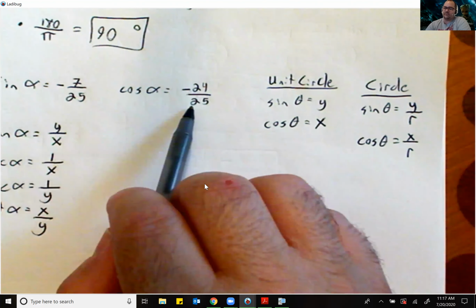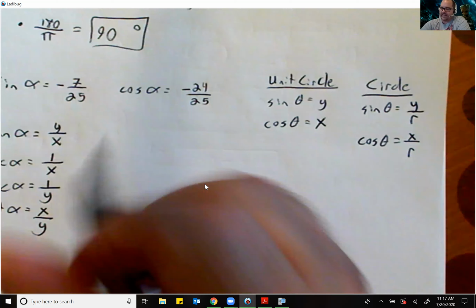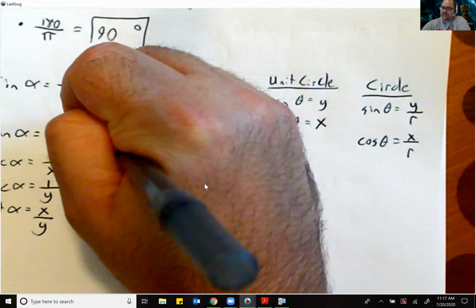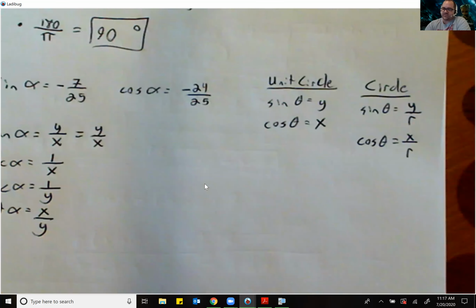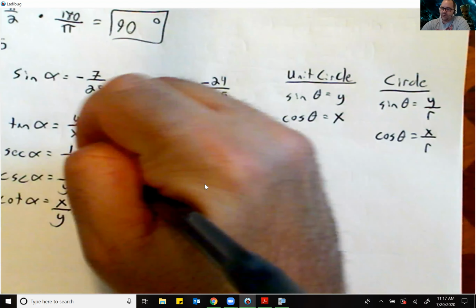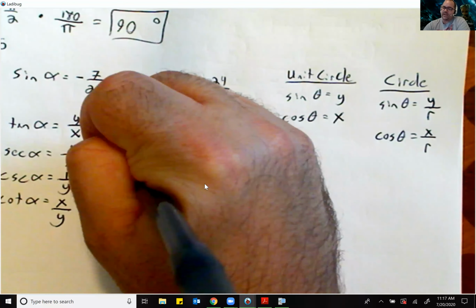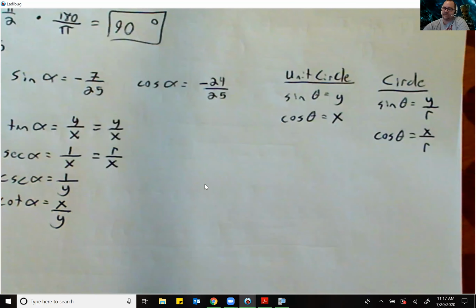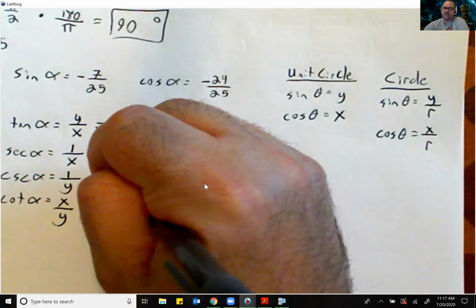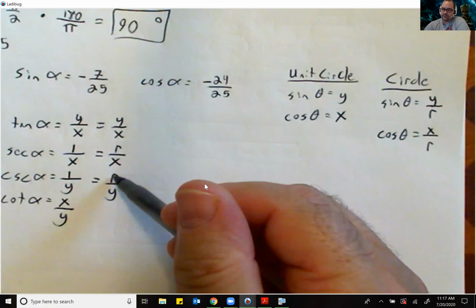So it doesn't really matter what your train of thought is, because again, down here, tangent is going to be y over x. This is according to 9.5. This will actually become r over x. This guy will actually become r over y, because your r is some sort of number.